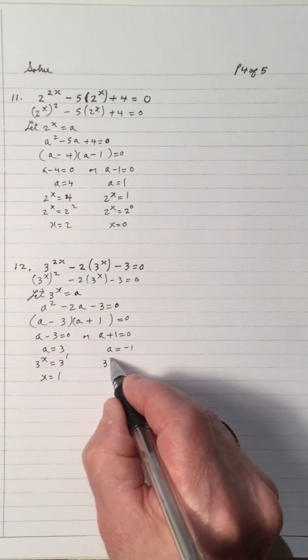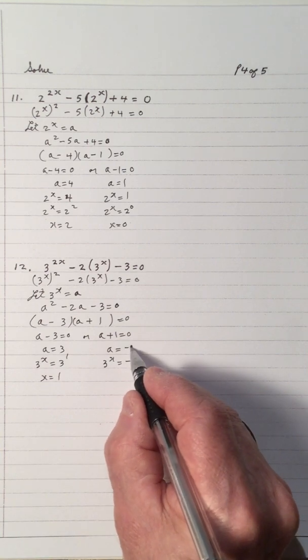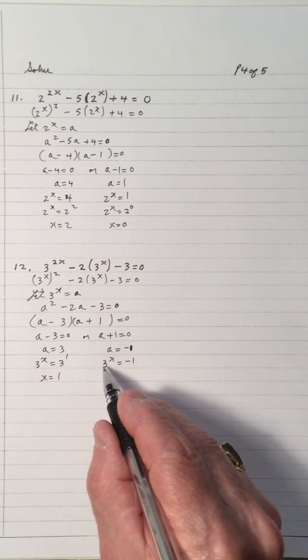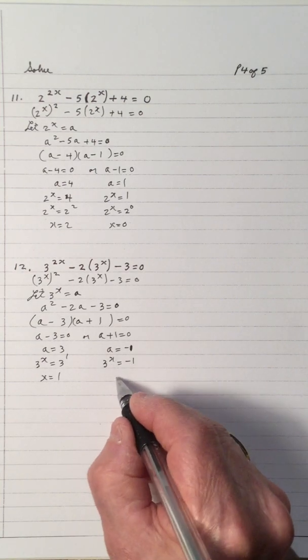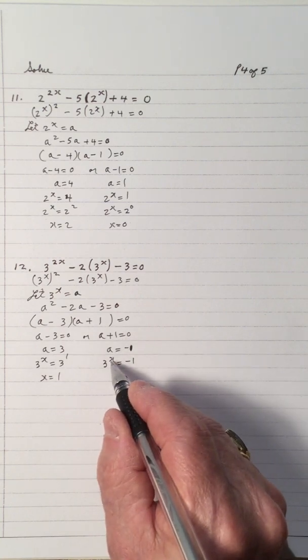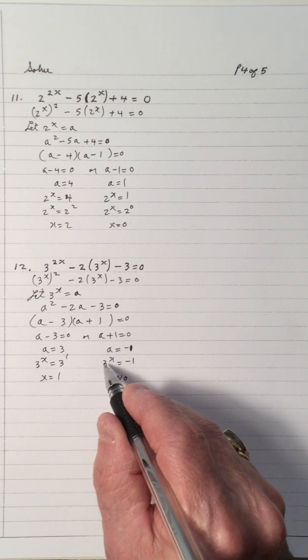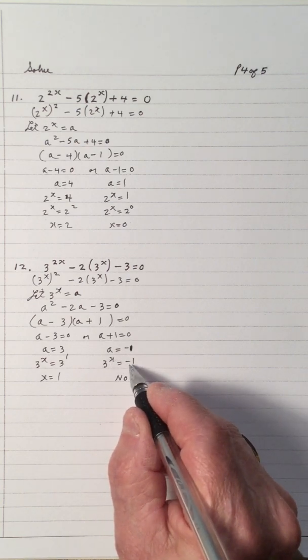Now a is 3 to the x equals negative 1. So notice now, what power of 3 will give you negative 1? There's no answer. No matter what the x is, 3 to that power will never be negative.